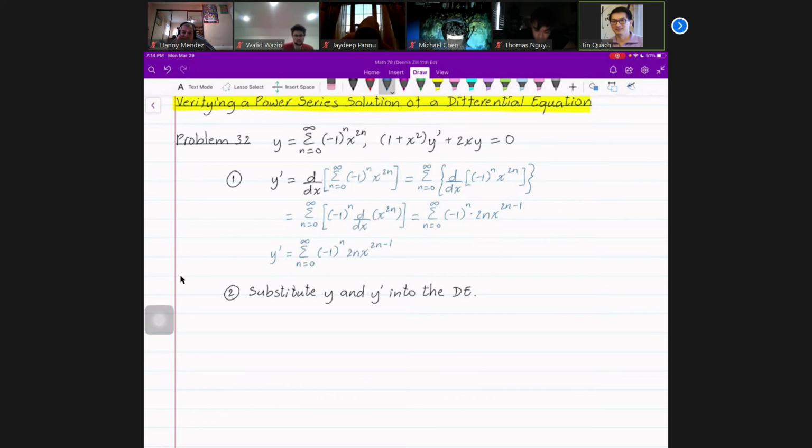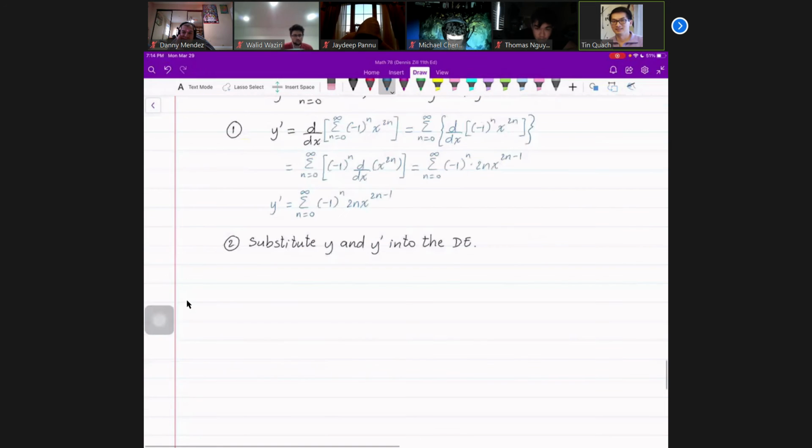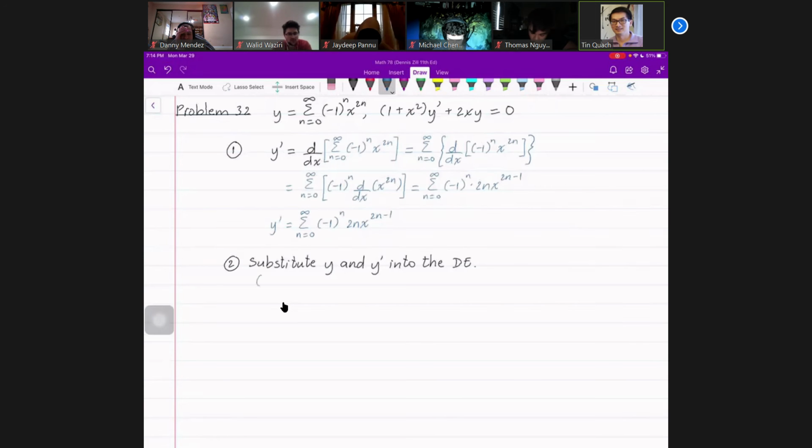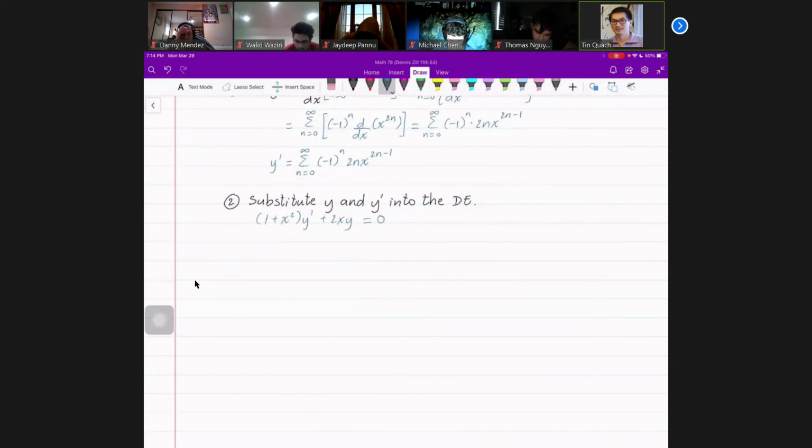Now let's plug that into the differential equation. The differential equation is (1 plus x squared) y prime plus 2xy equals 0. Okay, so let's plug it in.